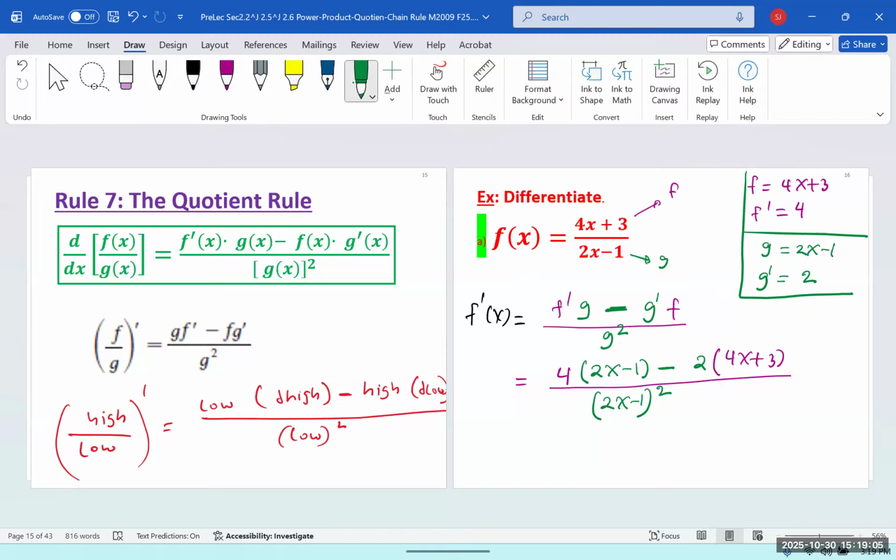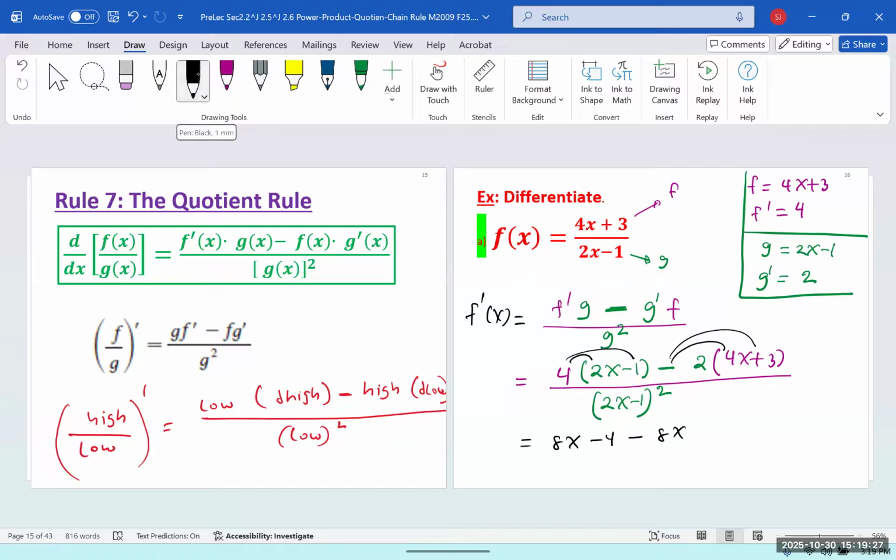But then you have to do algebra. Simplify, not solve, simplify. So we distribute, and we get 8x minus 4 minus 8x, and then what?